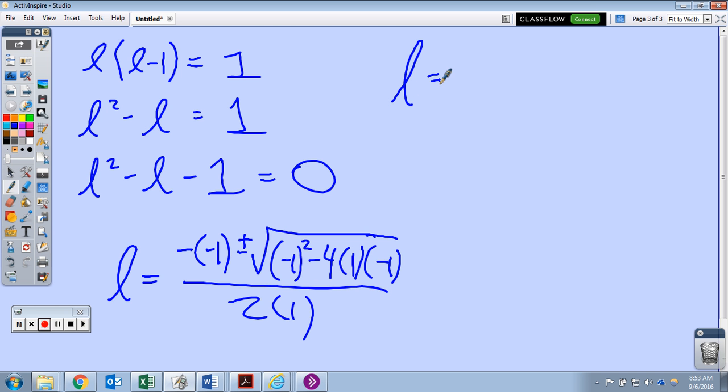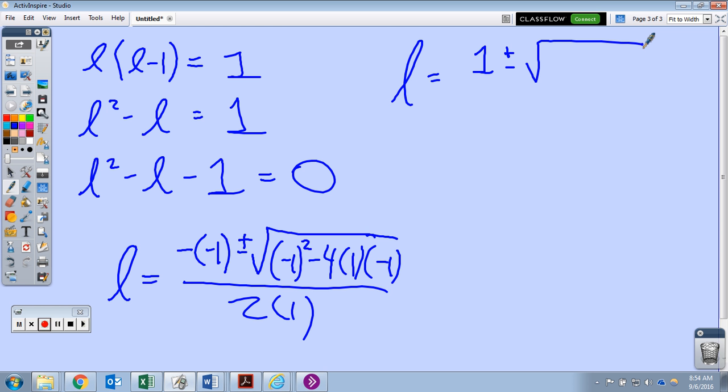So continuing over here, 1 plus or minus the square root of what does this come out to? Does anyone get this? Is this whole radicand 4?